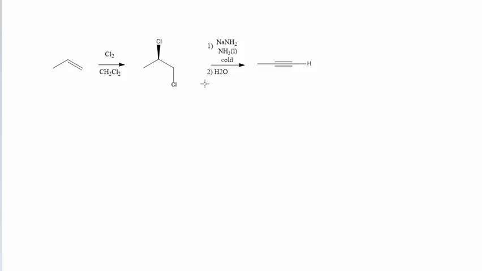Well, we could take a look at that mechanism once again and try to figure that out. So let's look at it a bit quicker this time. So again, the NaNH2 dissociates in solution to Na plus and NH2 minus. This comes in as a base, does this elimination reaction to form a double bond here, and these are the counter ions. I've left out the NH3 because that's just an excess anyway.